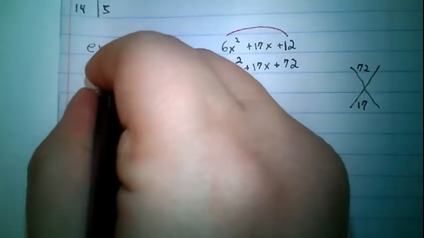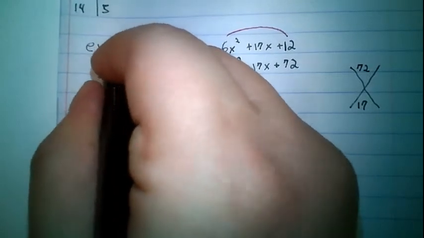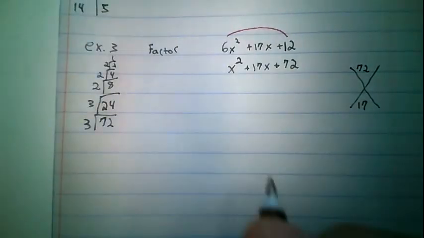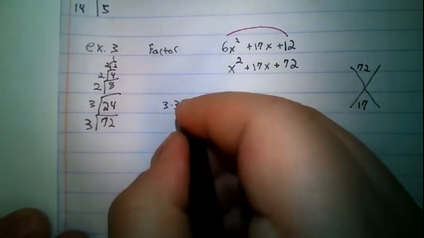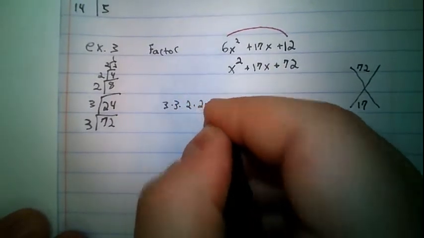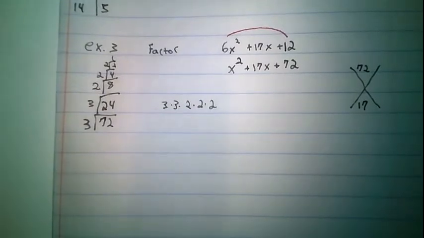And then 2, and then 2, and then 2. So my factors for 72 would be 3 times 3 times 2 times 2 times 2. I mean, that would all multiply to give me 72.